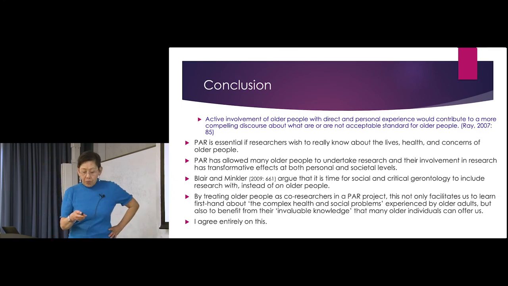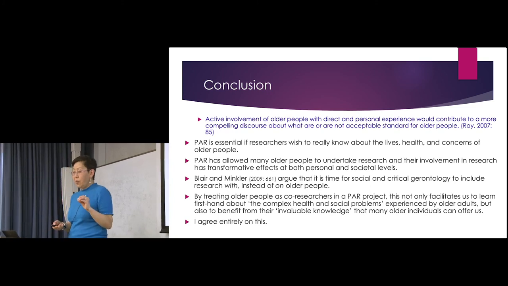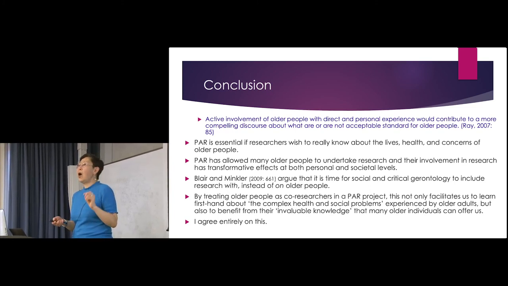So what I can conclude is that when we use PAR with any people, there are always challenges and there are always unanticipated things that can happen. So as a researcher, we have to be flexible and find solutions that allow our project to continue.